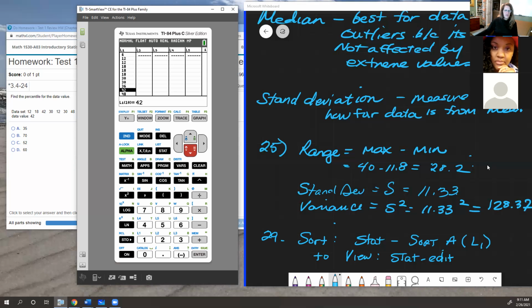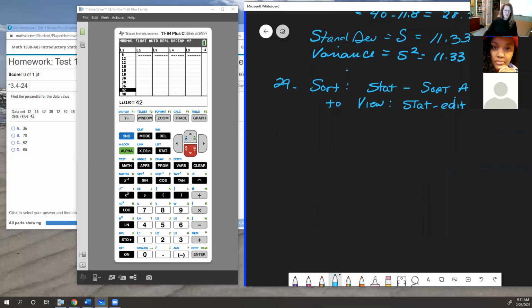Okay, so to find the percentile of 42, I see that that's the 10th number. So one less than that is 9 out of a total of, I forget, how many? Did we have 15? 15 numbers?